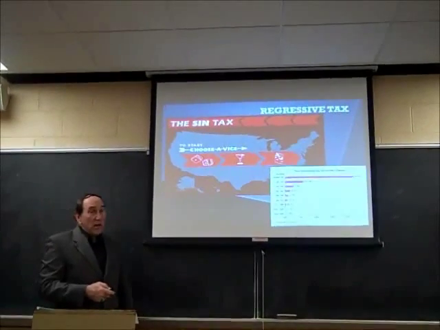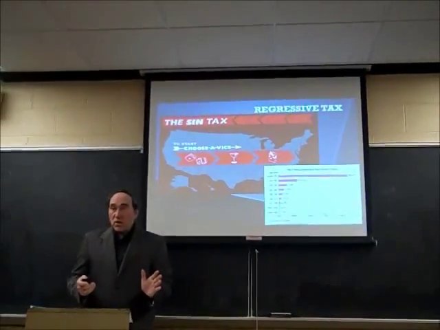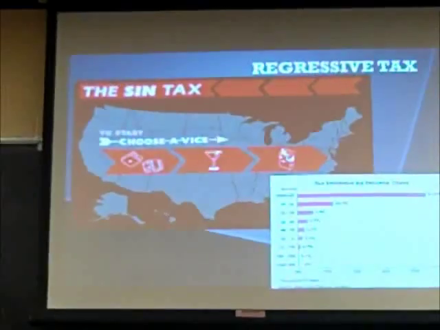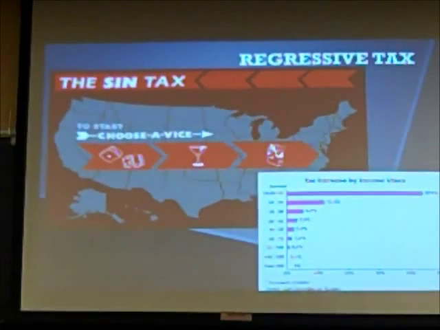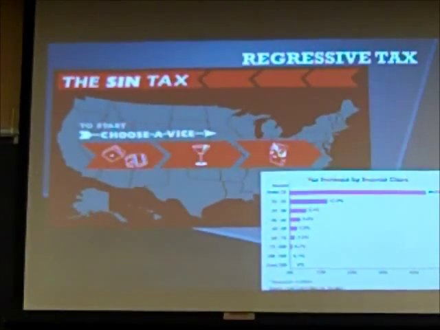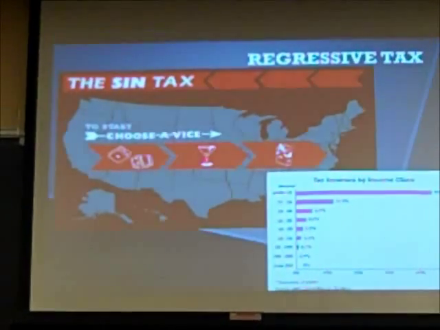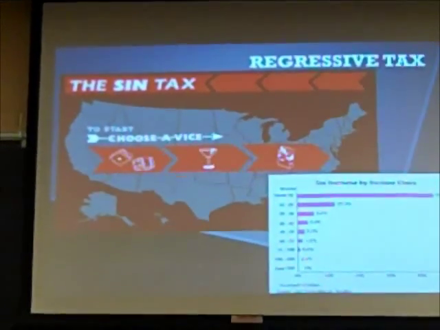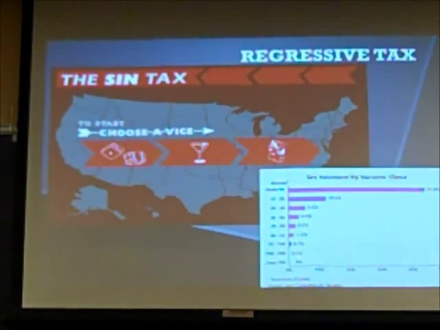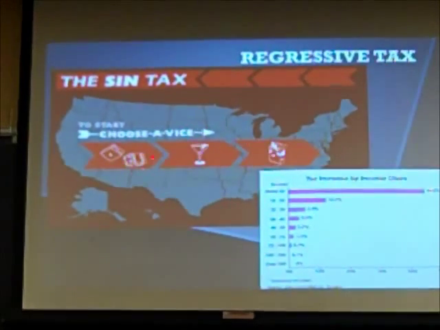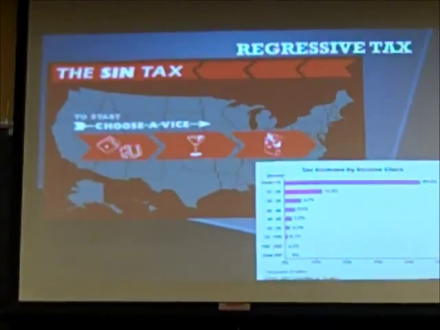The last one of these different types is called sin taxes or regressive taxes. And of course, we're talking about drinking, tax on alcohol, tax on cigarettes, and the tax on gambling.